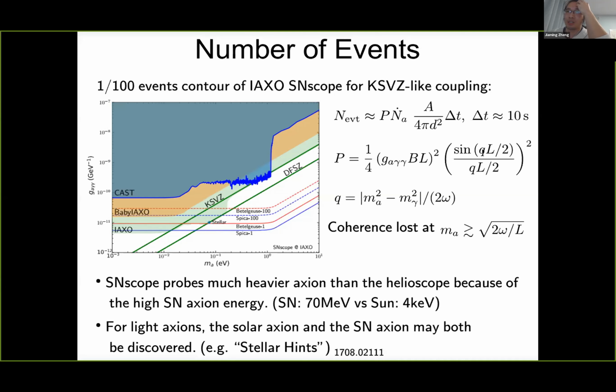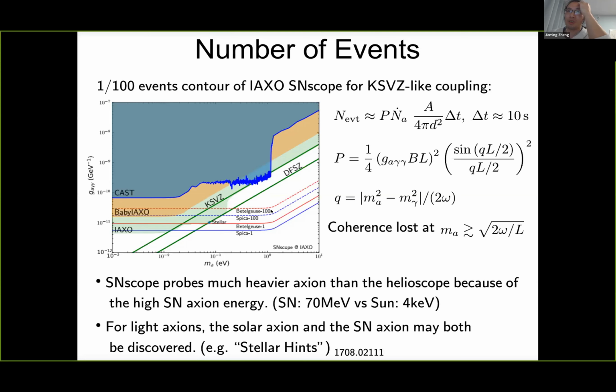This depends on the momentum transfer q, which depends on the axion mass and the axion energy. For the supernova axion, the energy omega is much larger, so the loss of coherence happens for a much larger axion mass, and that explains the higher mass where the supernova scope starts to lose its sensitivity.